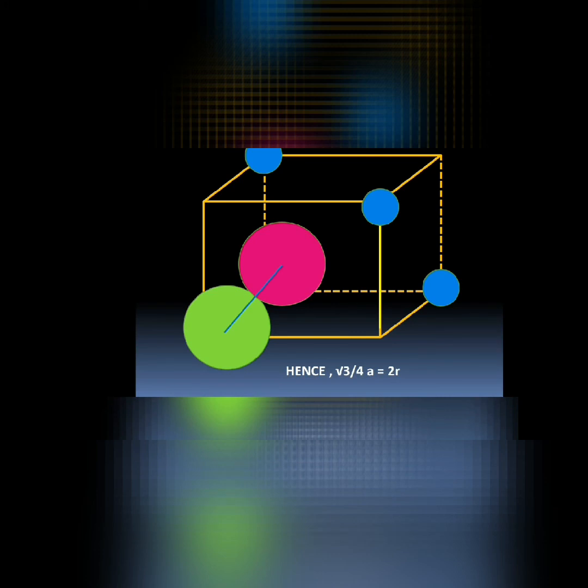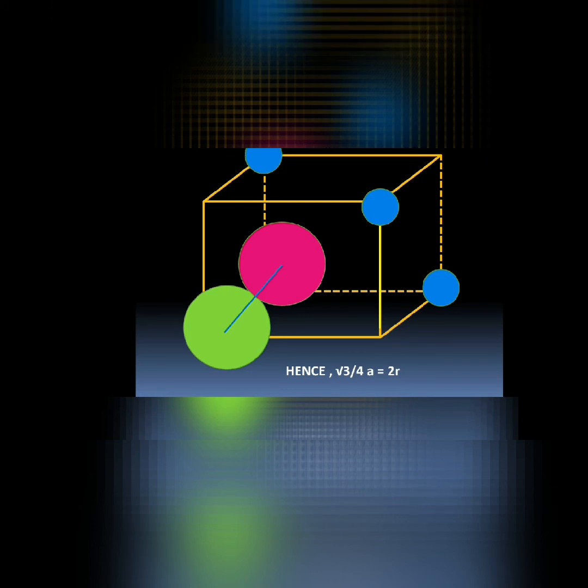This is at the position of half of the body diagonal of that cube, that is √3a/2 divided by 2, that is √3a/4. So if the radius of the atom is r, then r plus r, 2r, is equal to √3a/4.